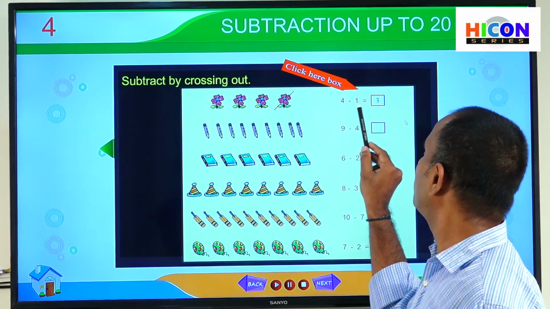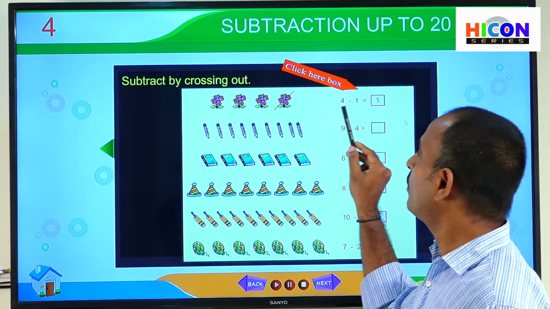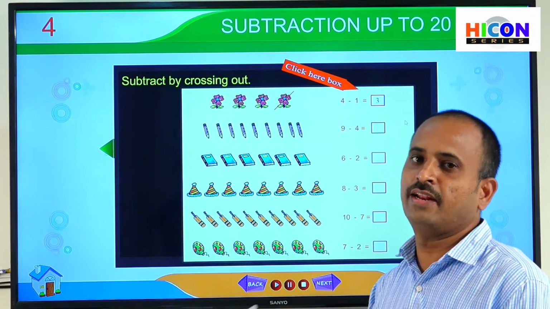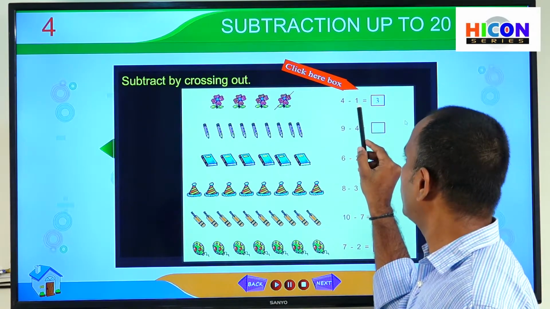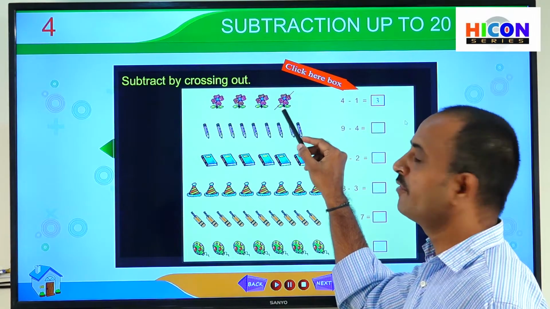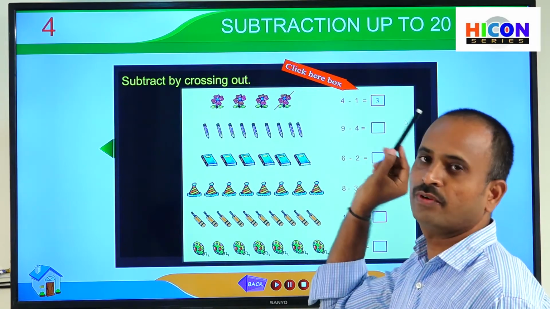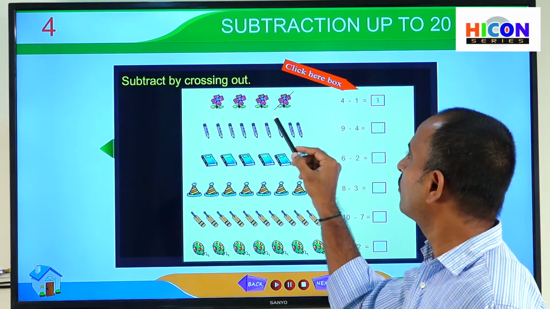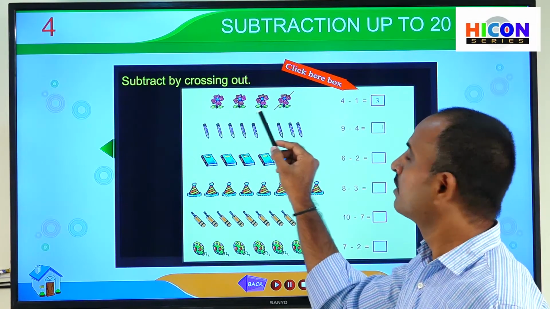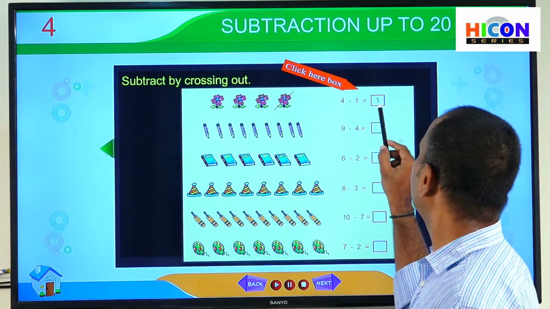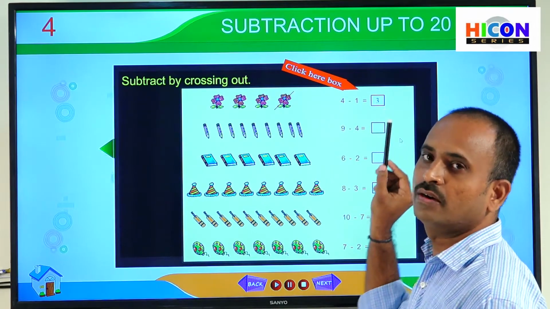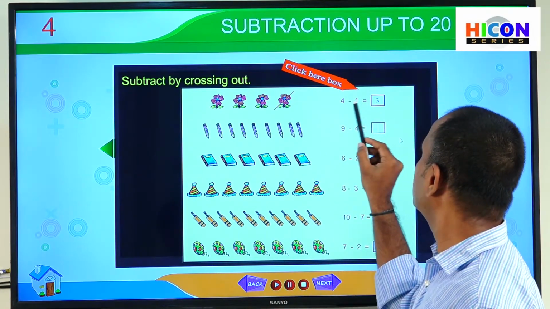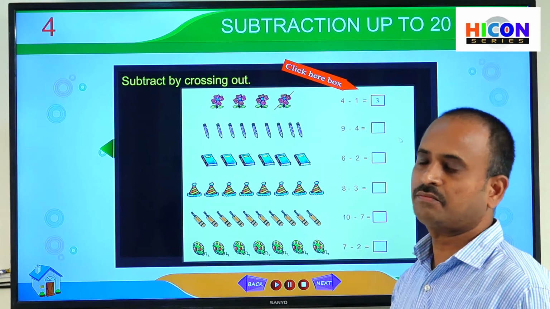The second number is 1, that's why we have to take away one flower from the 4 flowers. So we cross out one flower, and the remaining are 3 flowers. Write 3 in the box. This 3 is called the difference. So 3 is the difference of 4 and 1.